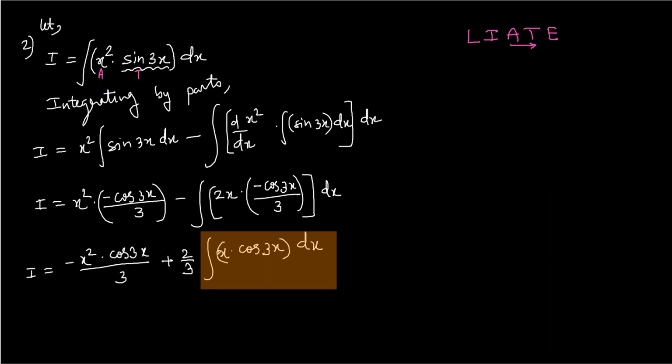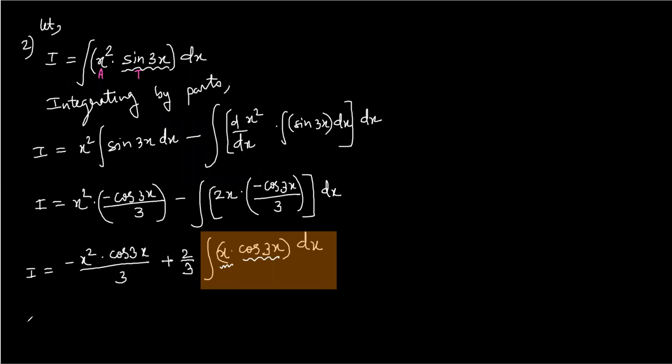Why? Because we have to integrate x into cos 3x, the product of two functions. So here the next step is, order is correct, students, so you need not worry about the order. It is x into cos 3x, algebraic and then trigonometric. Order is the same as this, which was correct.